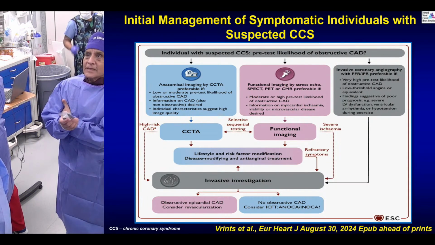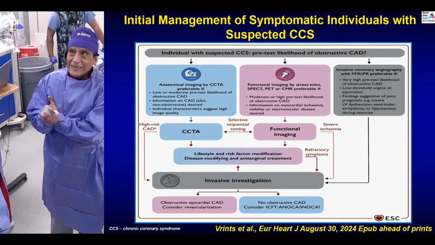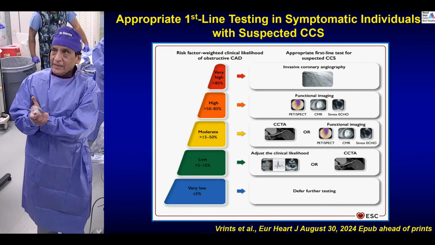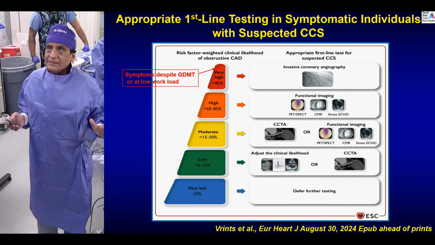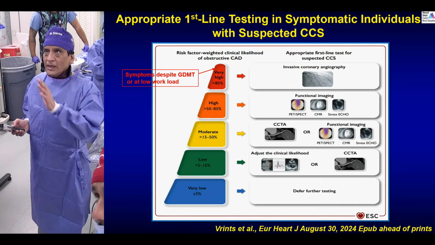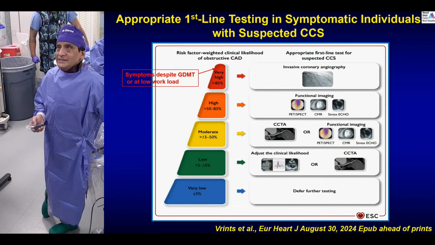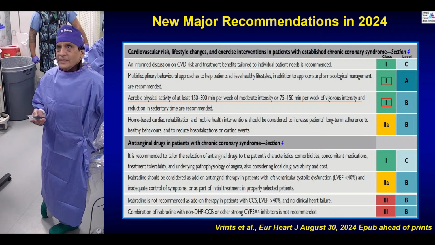So this basically has come up: a patient with CCTA as a first-line test, and invasive evaluation if the patient is high risk for CAD. Very interesting. A patient who is very high risk for CAD, you go for direct cath. Symptoms despite guideline-directed medical therapy, low workload, high suspected CAD more than 85%. You don't need to do all those fancy tests. Otherwise, CT has come as a very important test for screening these patients.